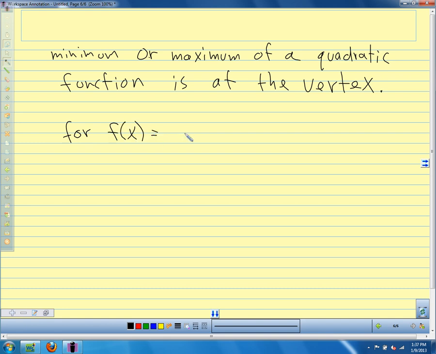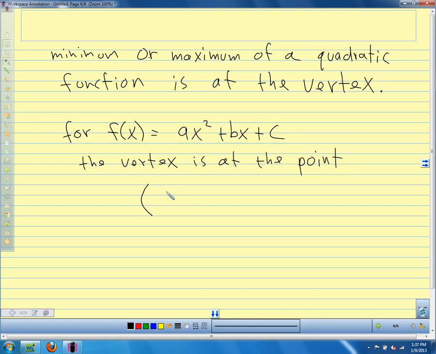So if we have f of x equals ax squared plus bx plus c, the vertex is at the point negative b over 2a.